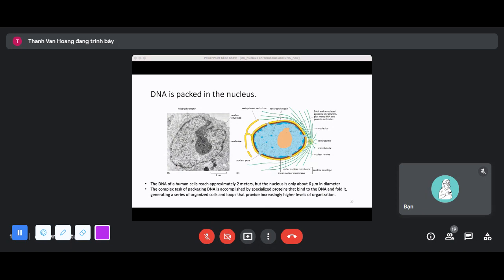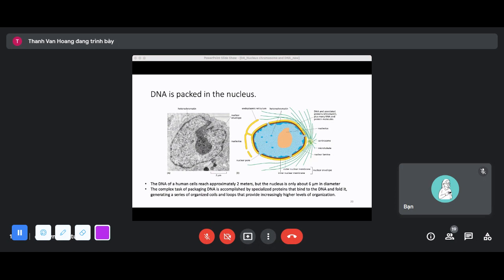Close to the membrane, the structure is also different. The nucleus forms compartments within itself, although there is no membrane to separate the space.